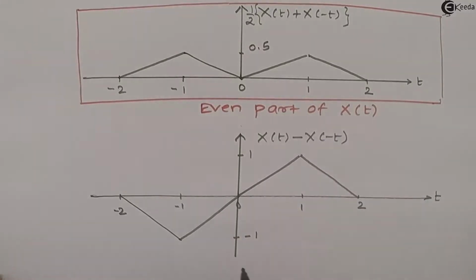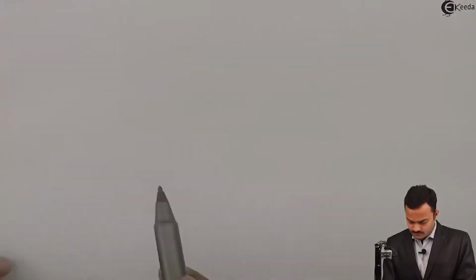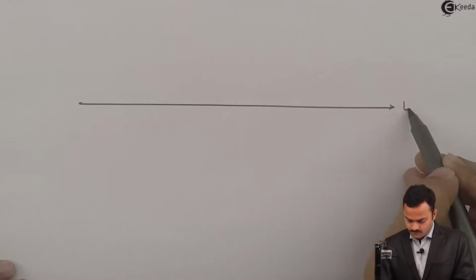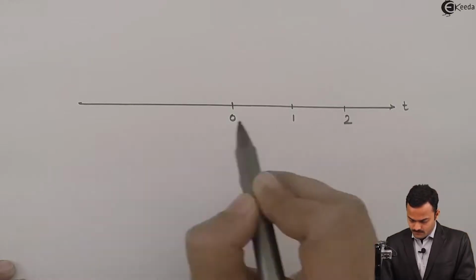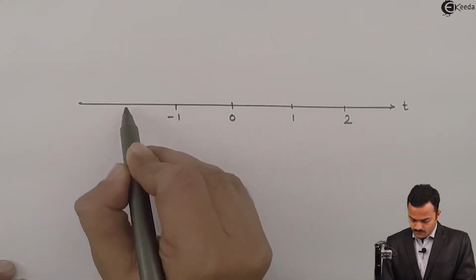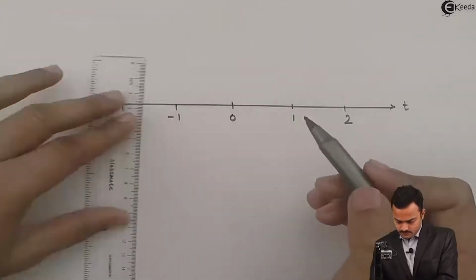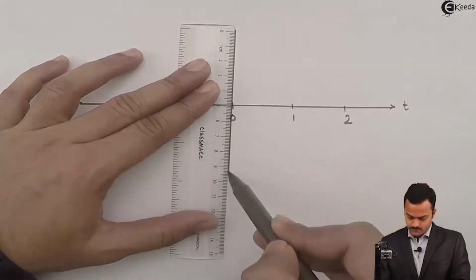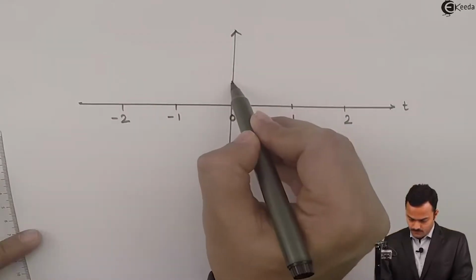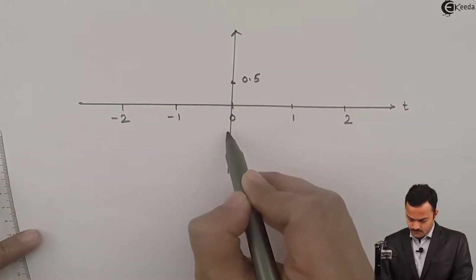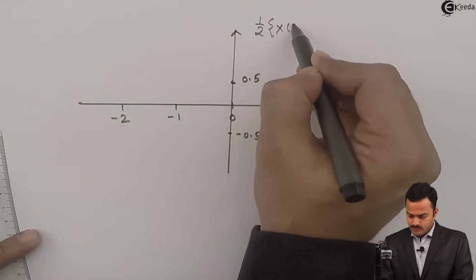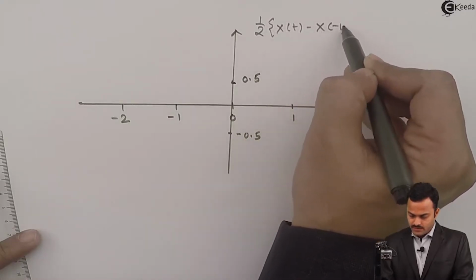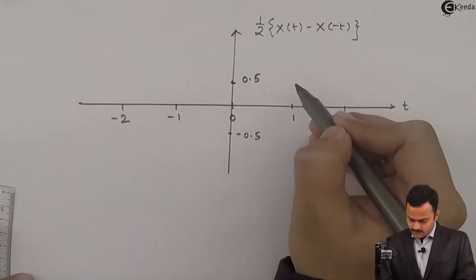And to get the odd part, we need to divide this by 2. So half x of t minus x of minus t will be the resultant signal, nothing but this.